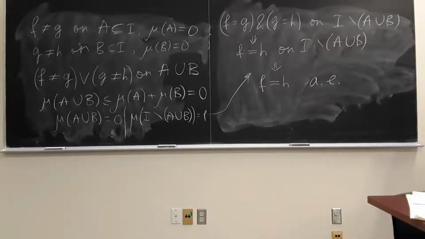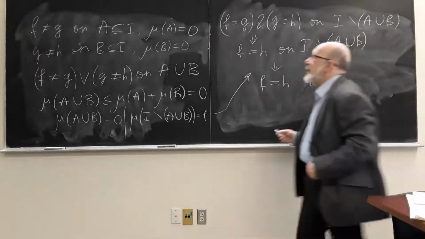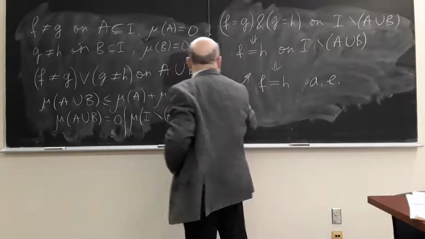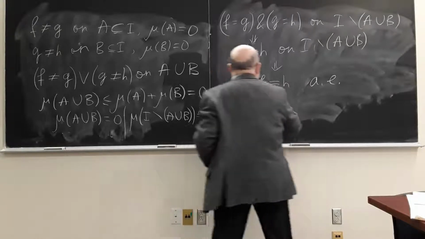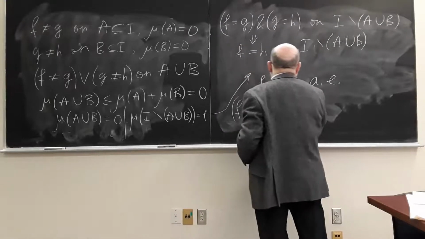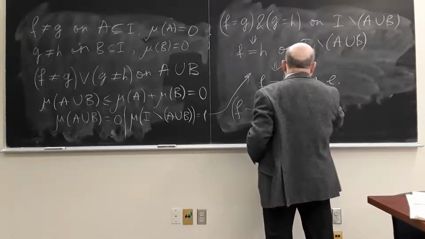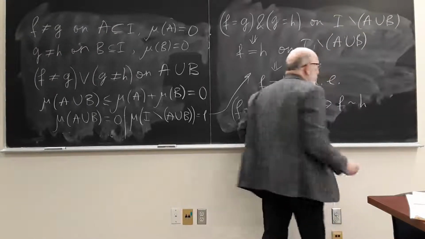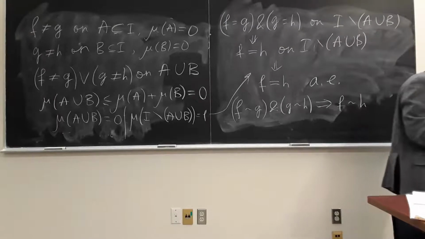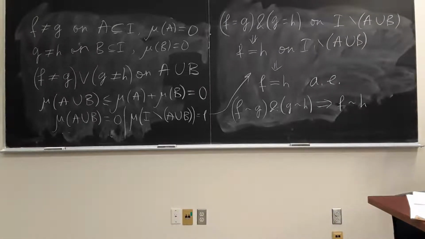So this means that if F is equivalent to G and G is equivalent to H, then F is equivalent to H. So we have three properties of this relation, equivalence, saying that this is an equivalence relation.